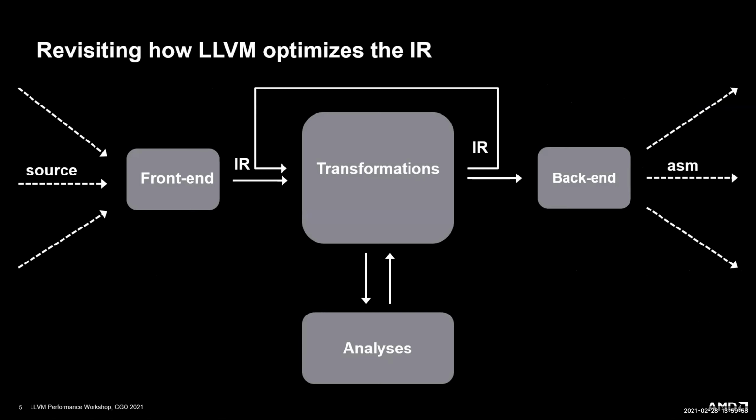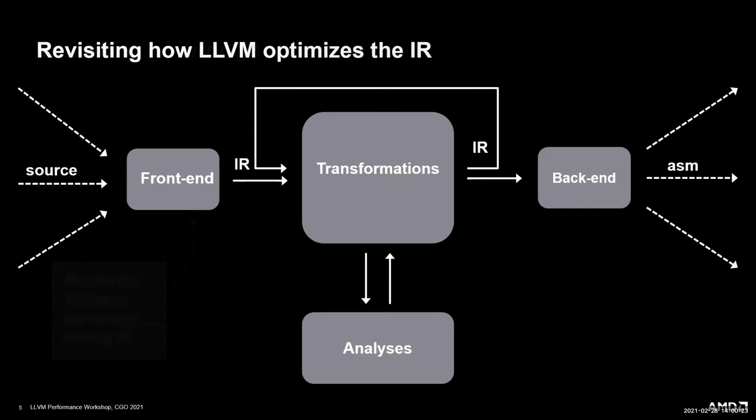The IR is then optimized by various transformations, which are backed up with information from analysis. The IR is then translated into the assembly by the backend. There are lots and lots of moving parts here, and a lot of places where things can go wrong. Let us quickly take a look at all the possibilities where things may not go the way that we expect.